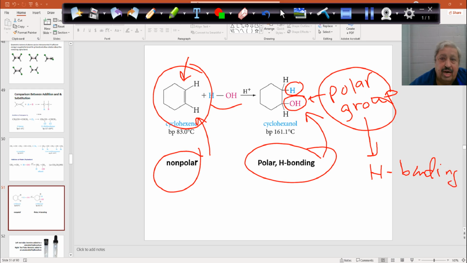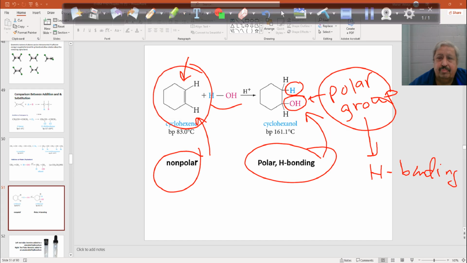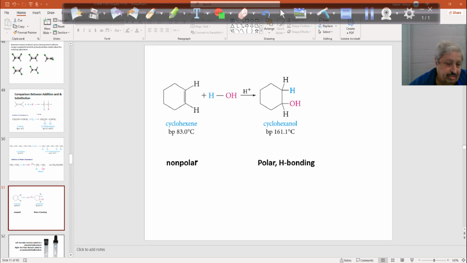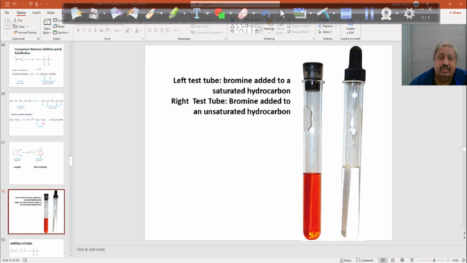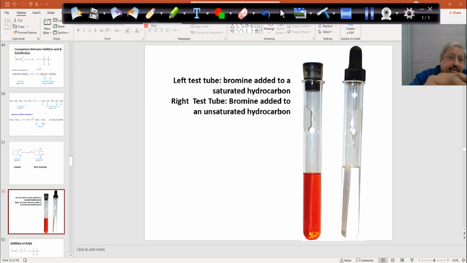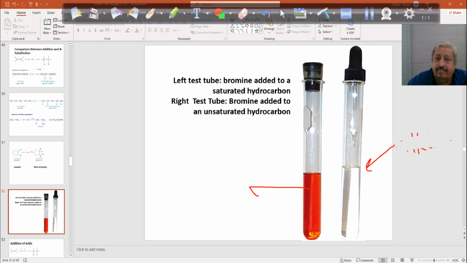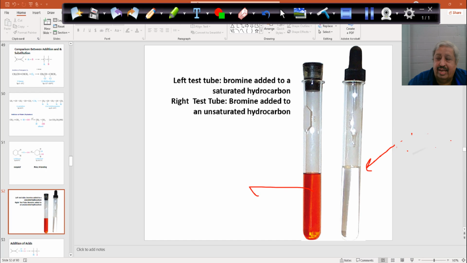So now, how can we distinguish between double and triple bond in the lab? In the lab, it's easy. We make just the bromine test. So the bromine test, meaning here's alkanes. Here, if there is no reaction, here is no reaction.